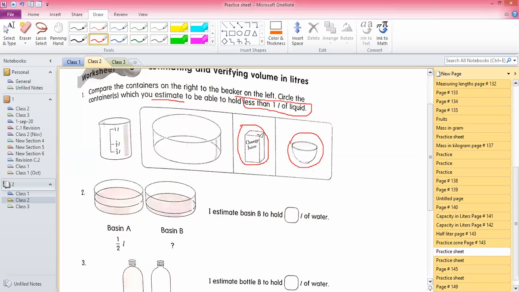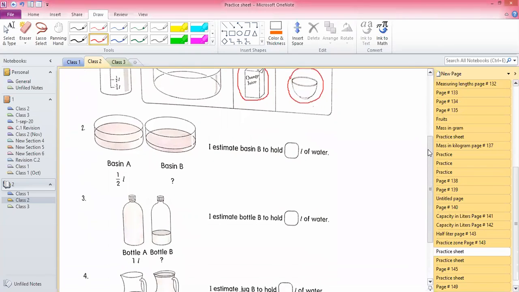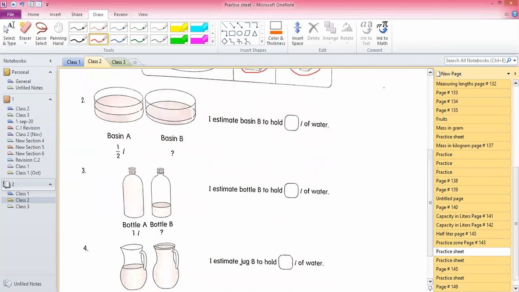So B and C have the capacity to hold less than 1 liter of liquid. Clear, guys? Yes, sir. That's very good.